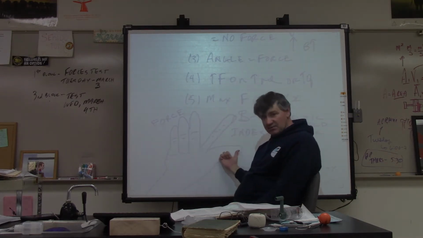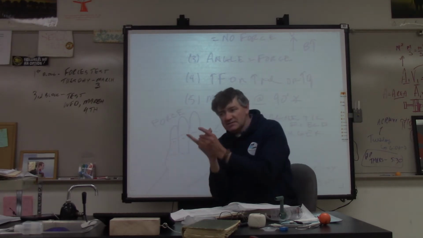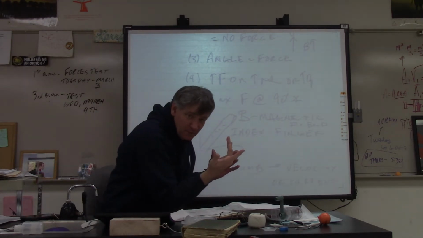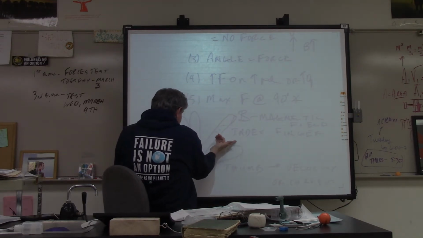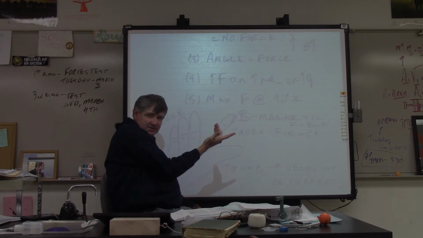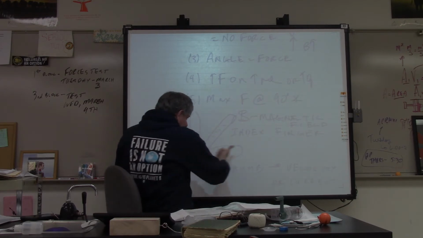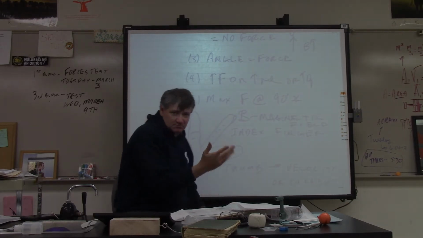These other fingers point in the direction of your force. So you've got thumb, magnetic field, force. We're good with that. These are the three things: your thumb, your velocity vector, your magnetic field, your force. Simple.